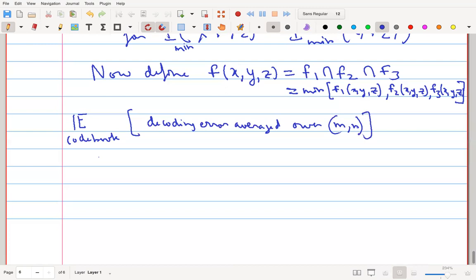So this should have the worst error analysis, because Charlie will only reach there after he has run through all the other candidates. So I can say that this is less than the expected decoding error over the choice of the code book and the channel characteristics also.